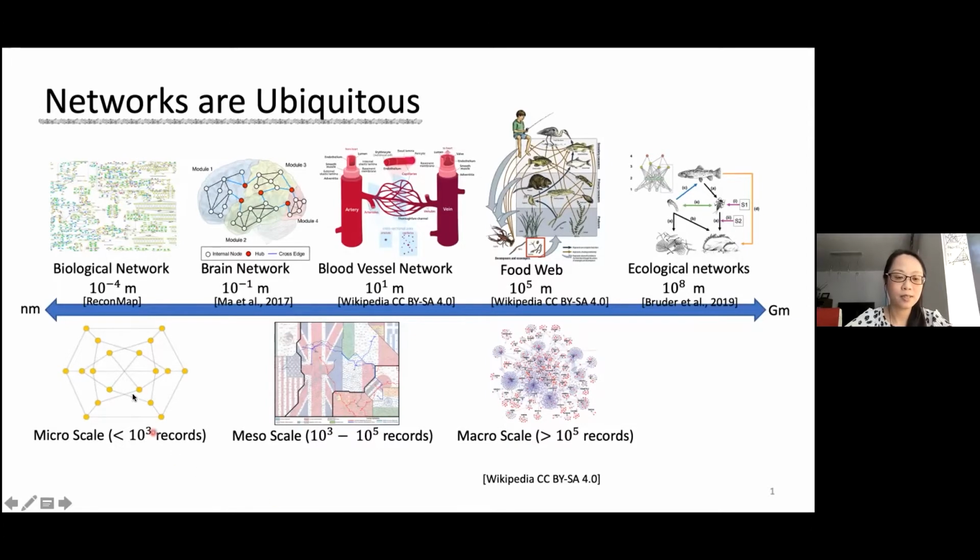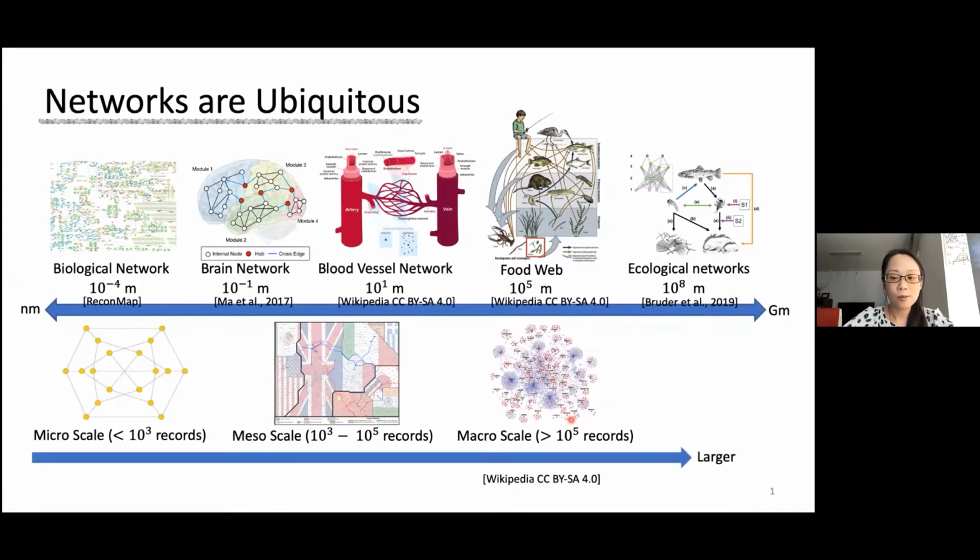For example, you can see a very tiny graph which only contains a few nodes, or a larger graph at the mesoscale, or an even larger one with more than 1 billion nodes, giving a macroscale relationship description. There is only one thing we can guarantee: as the size increases, if you want to visualize such a graph, you usually get this kind of lovely hairball effect.